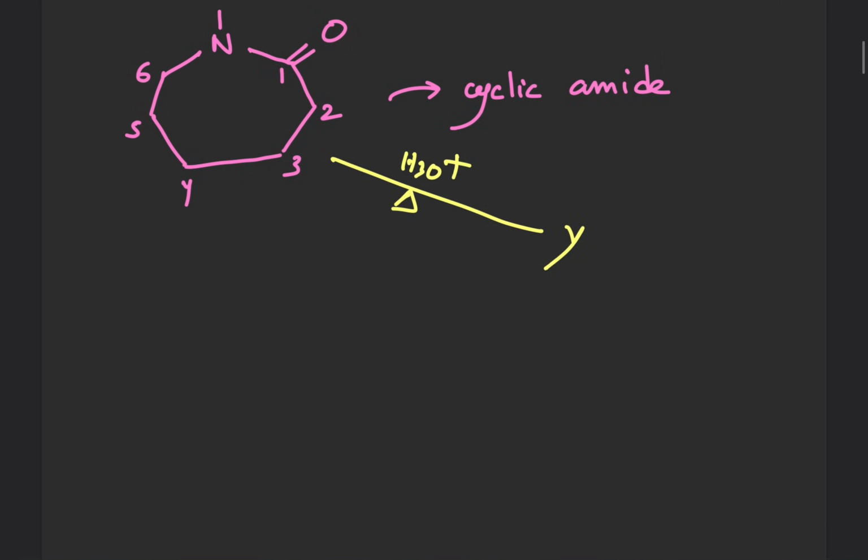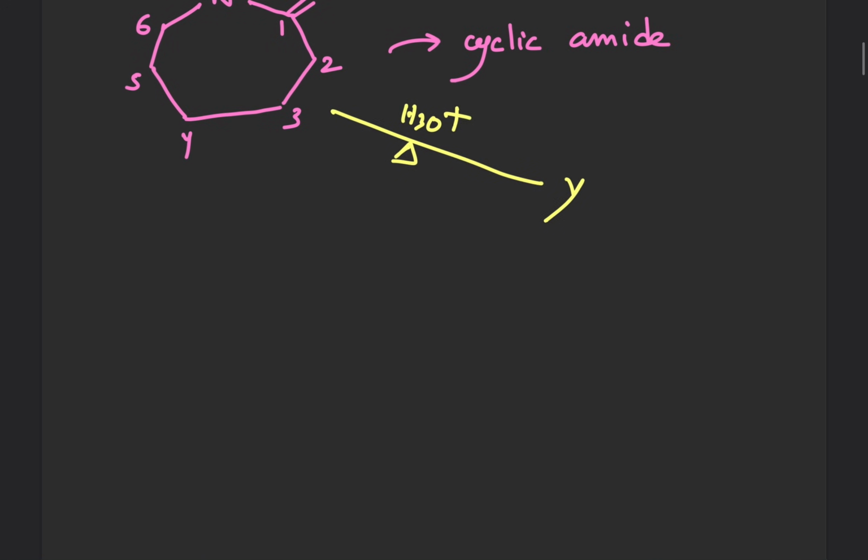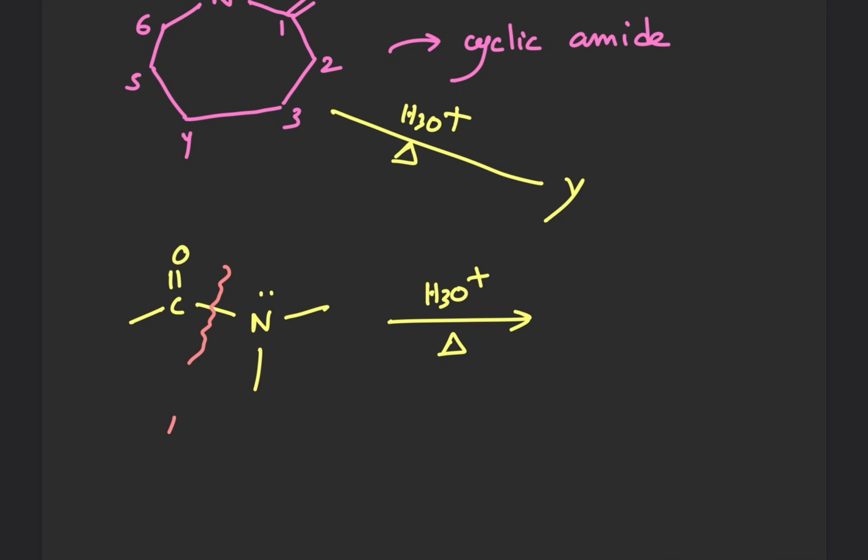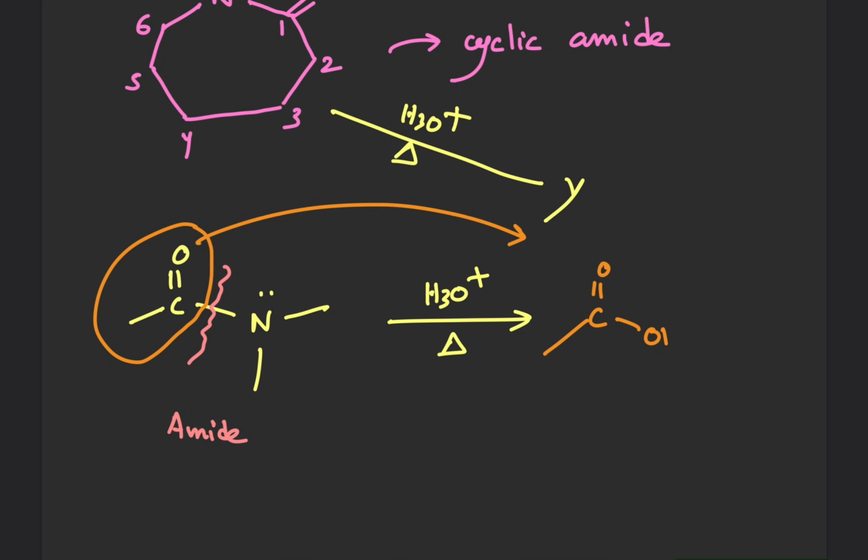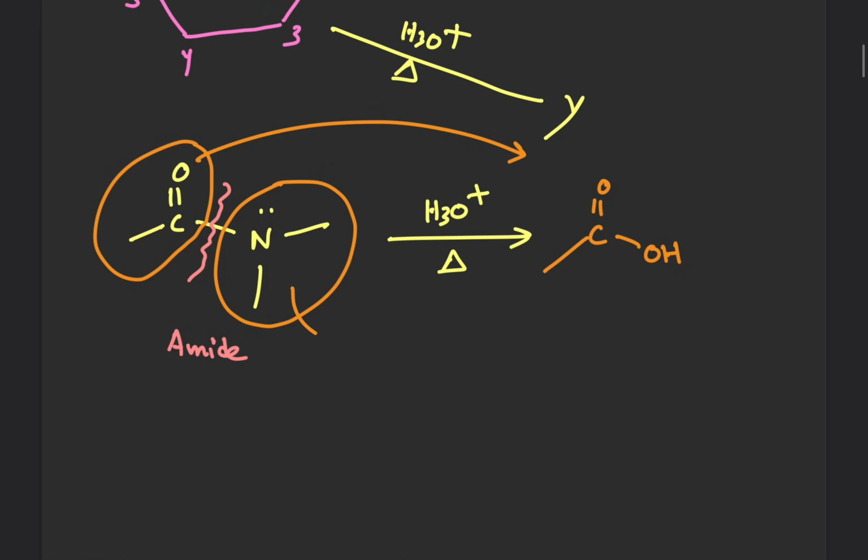Okay, when an amide is heated with an aqueous acid, in general, this particular bond breaks, and this part of the amide will give me the corresponding carboxylic acid. So one of the products is going to be a carboxylic acid, and this part of the amide will give me the other product, that is the amine.